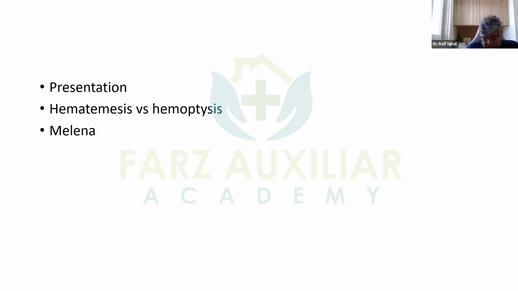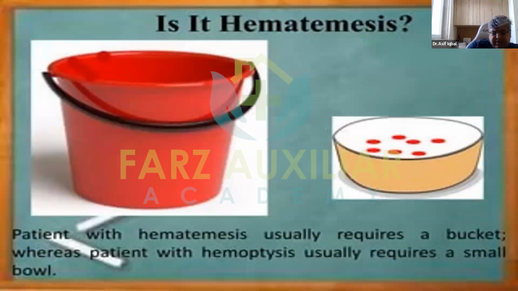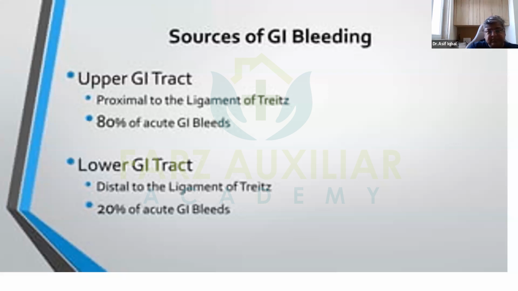Sometimes you have to differentiate between hemoptysis and hematemesis. Remember, hematemesis is always high volume and diluted, blackish, while hemoptysis comes from the lungs, so it is more concentrated blood and the volume is less.